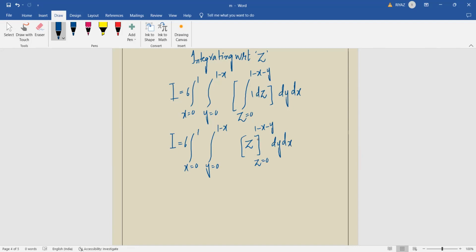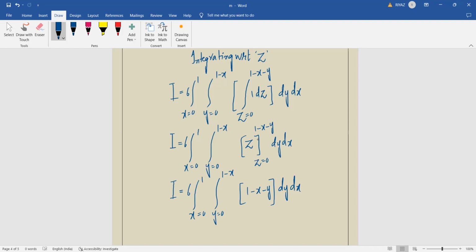Now the rule is upper limit minus lower limit. This is 6 times x from 0 to 1, y from 0 to 1 minus x. Upper limit: 1 minus x minus y, and lower limit 0, if you don't want to write it, no problem at all. dy into dx.